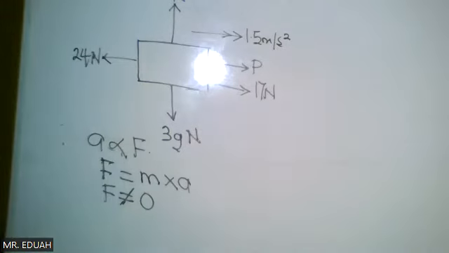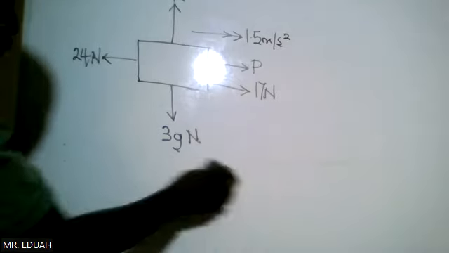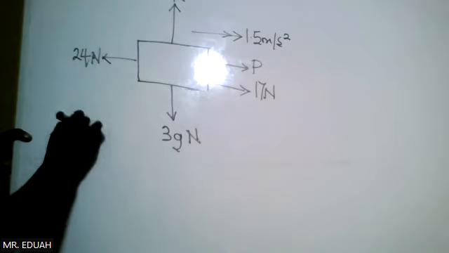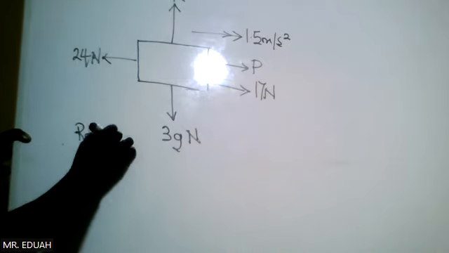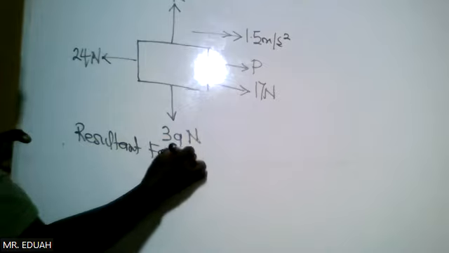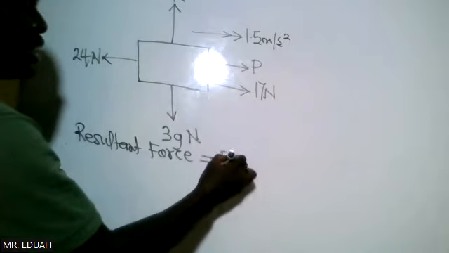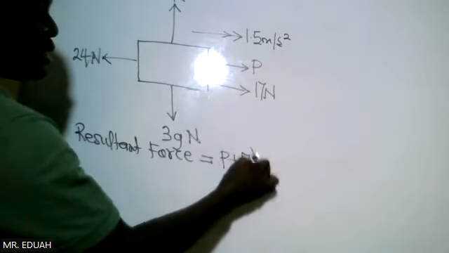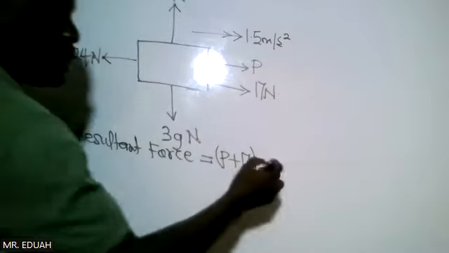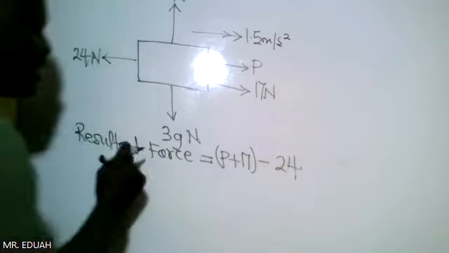So if I want to calculate the net force in the direction of the acceleration, then the resultant force or the net force must be equal to what is accelerating here, P plus 17 minus what is happening here, 24, would give me the net force.